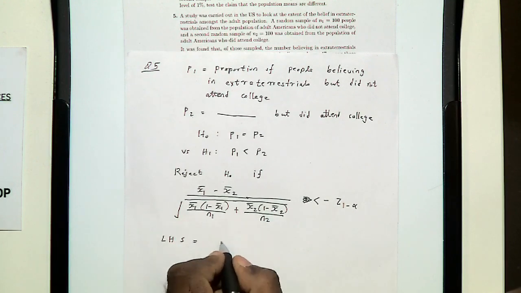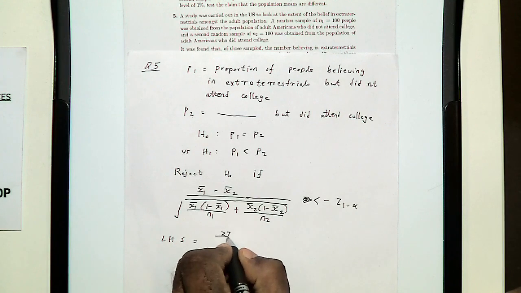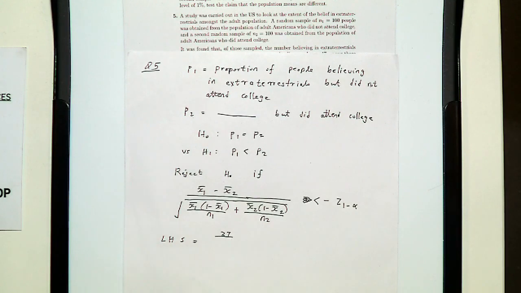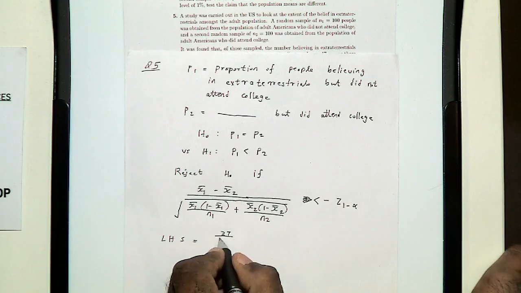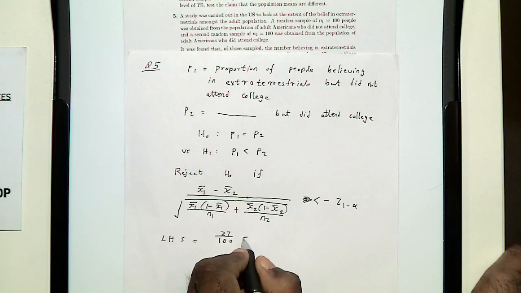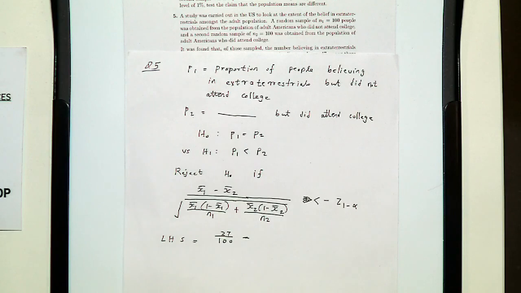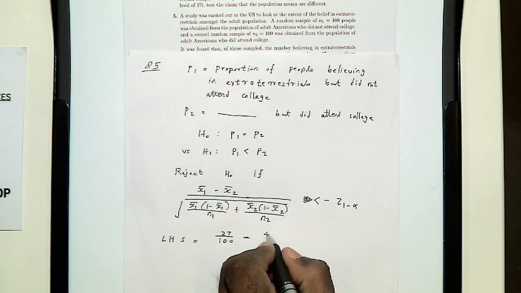The sample proportion who did not attend college and believe in extraterrestrials is 37 divided by 100. The sample proportion for those who did attend college and believe in extraterrestrials was 47 divided by 100.